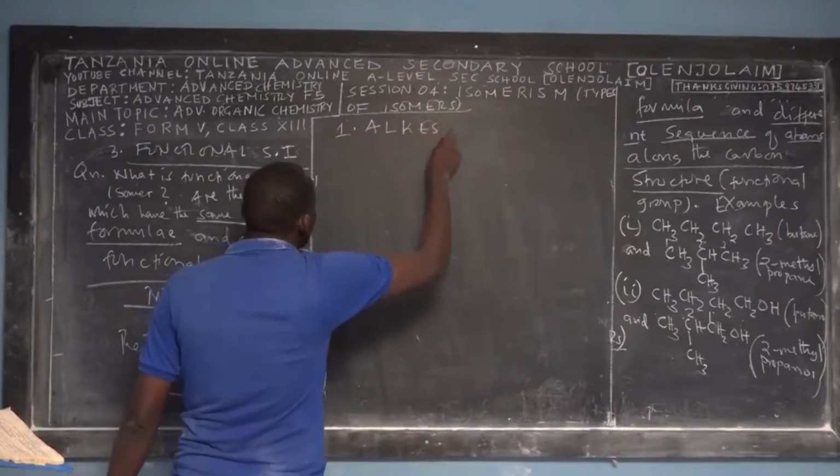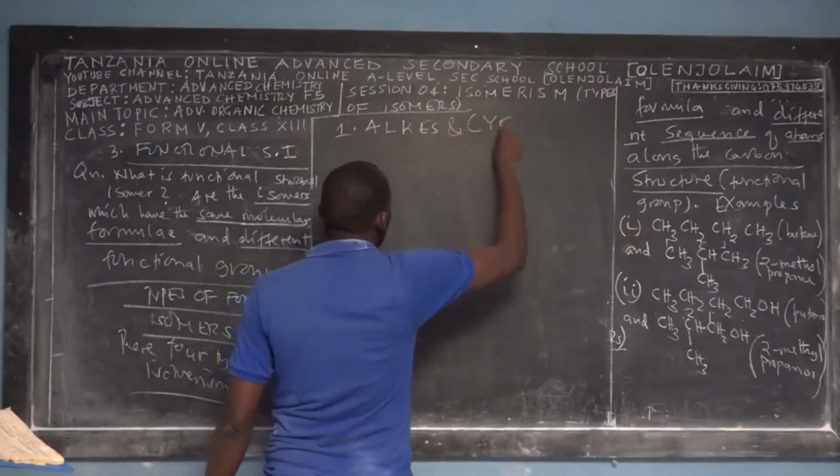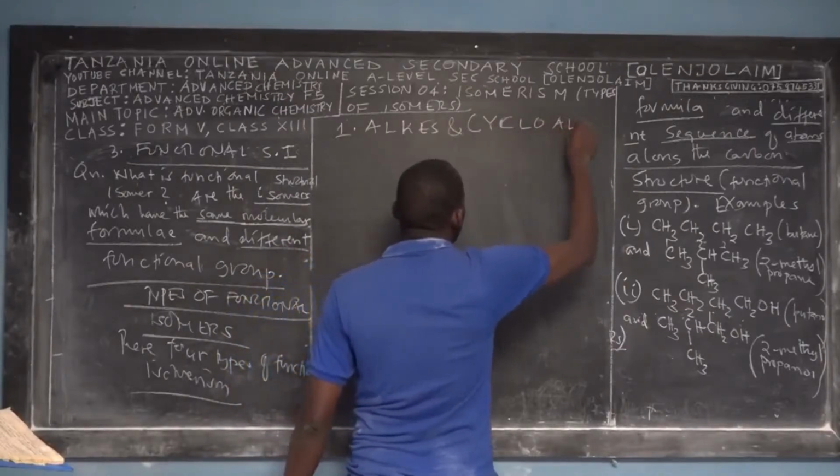So the first thing is alkenes and cycloalkanes. What does it mean?